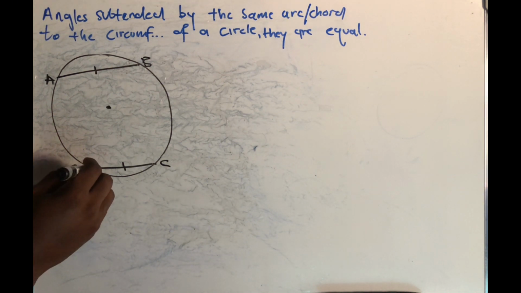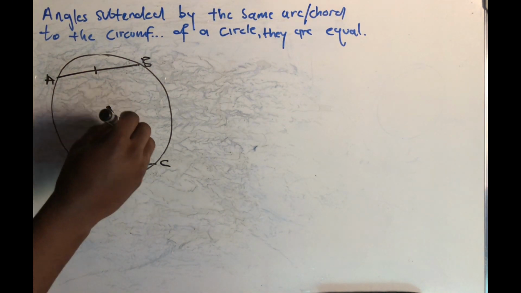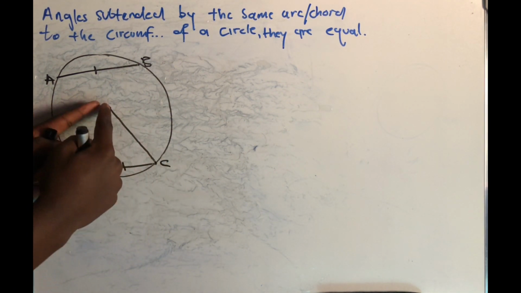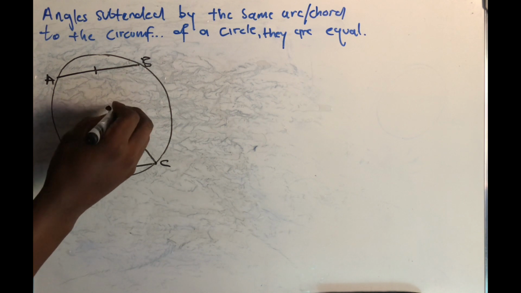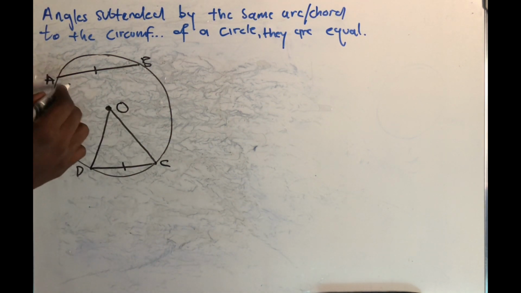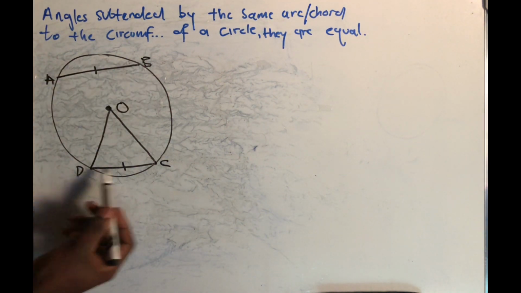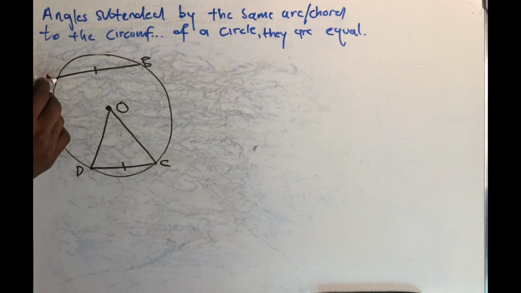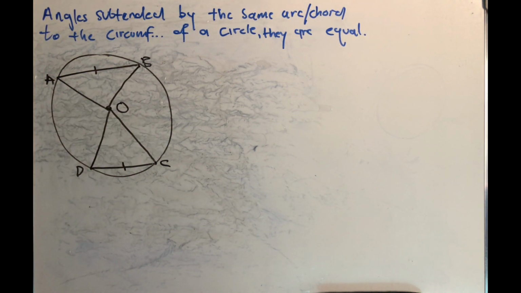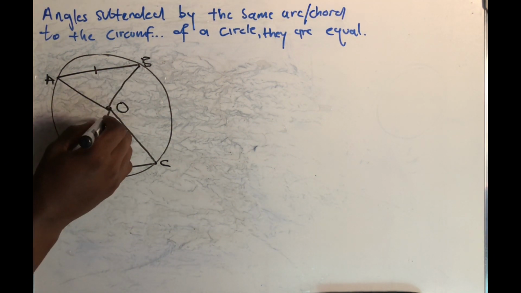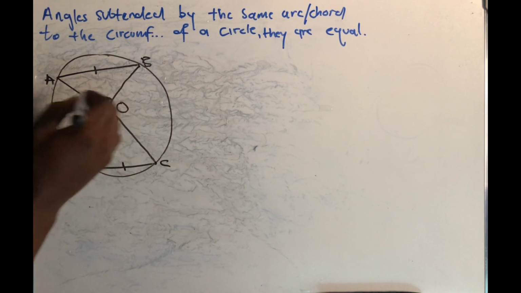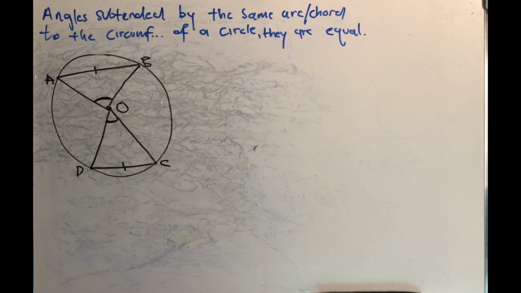This chord subtends an angle to the center, center O, and another chord, the chord that's equal to this chord, also subtends another angle to the center. So these angles will be equal. This angle will be equal to this angle.